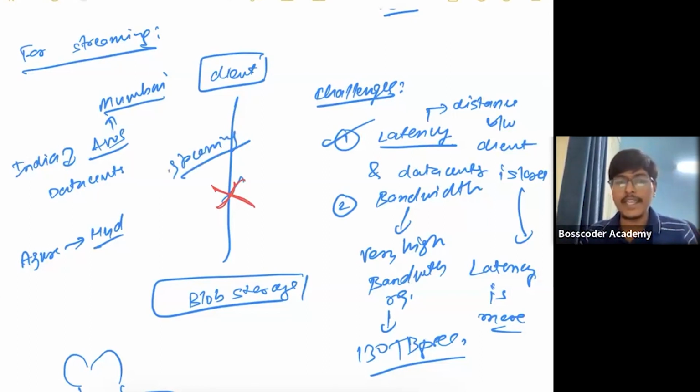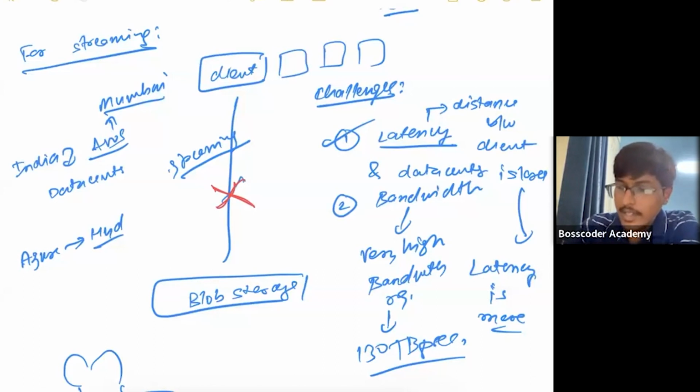Second, there are not just one client, there are 25 million clients watching video at one point of time. So providing that very, very high bandwidth from the Netflix system is very hard to achieve. Because of these two reasons, directly streaming from the data center or blob storage does not work.